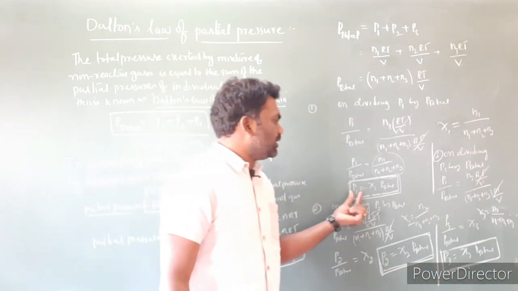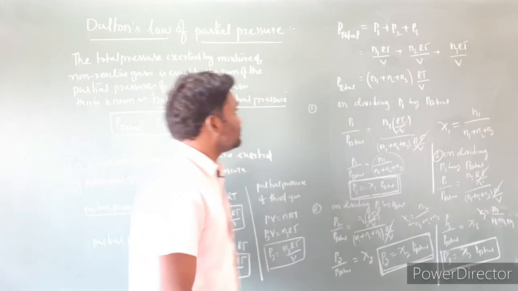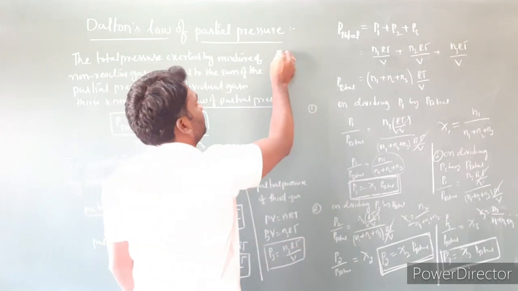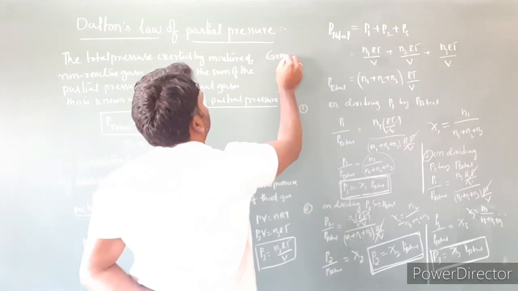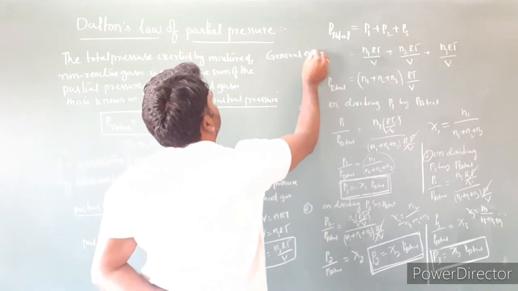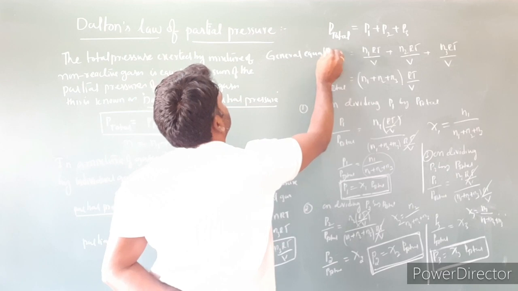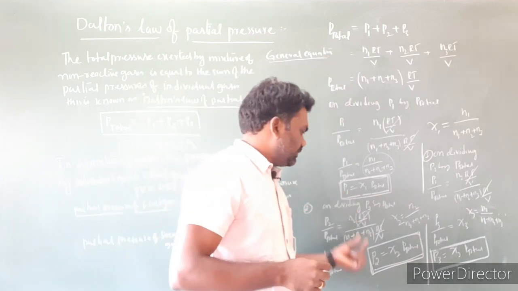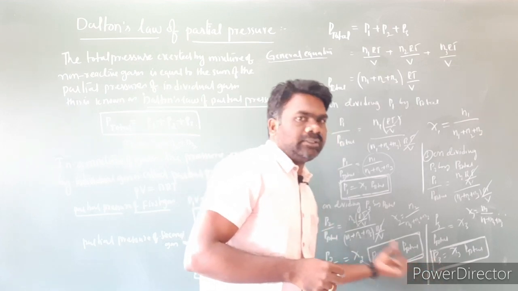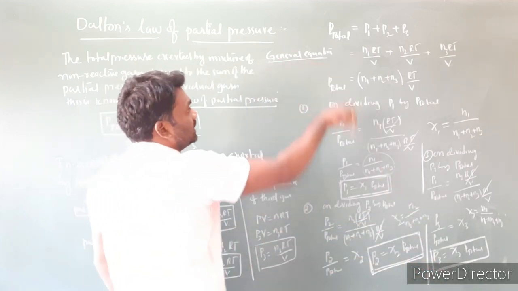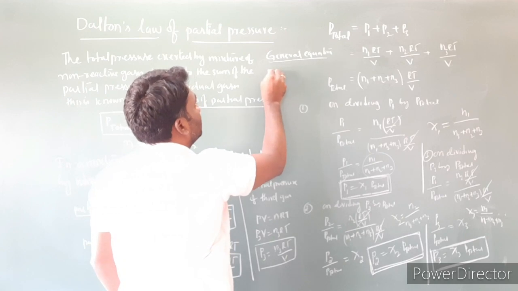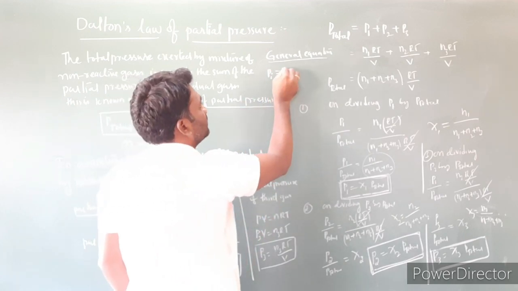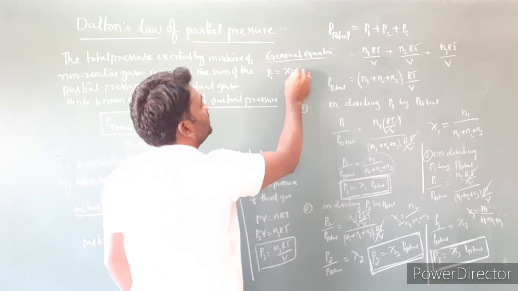Next, instead of representing first gas, second gas, third gas separately, we can represent them all together in a general form, a general equation. Instead of labeling the partial pressure of the first gas, second gas, third gas, we can write the partial pressure of any individual gas, which I am labeling as Pi. So the partial pressure of the ith gas is equal to the mole fraction of the ith gas into P total.